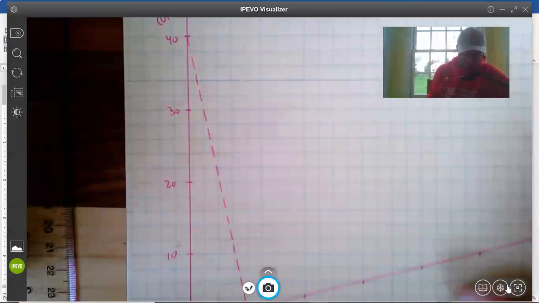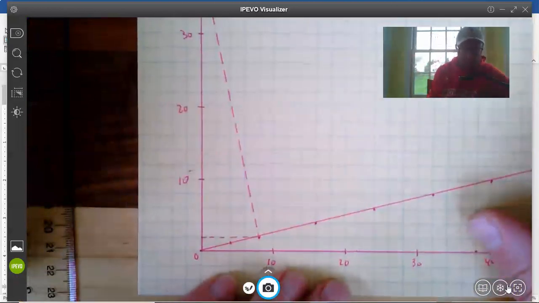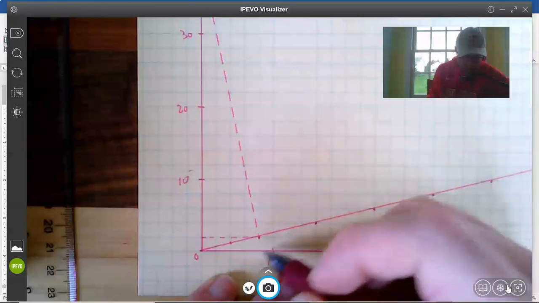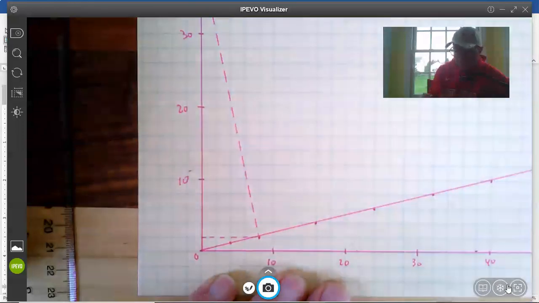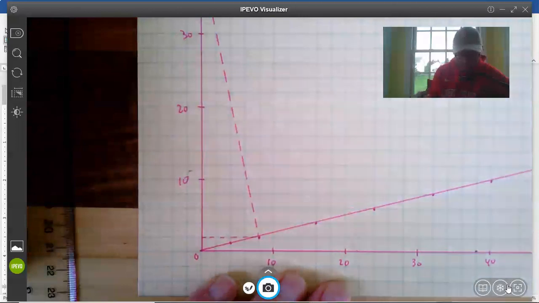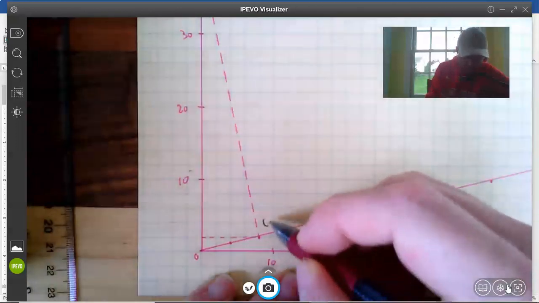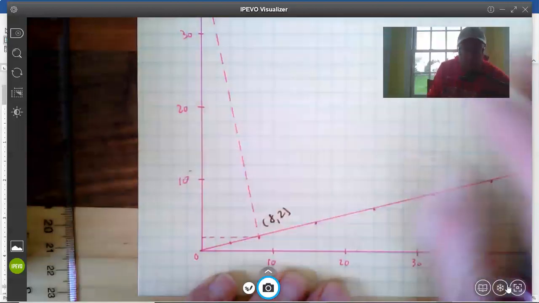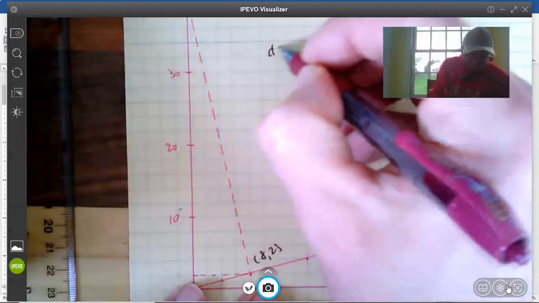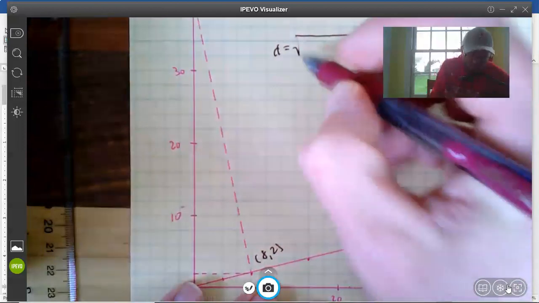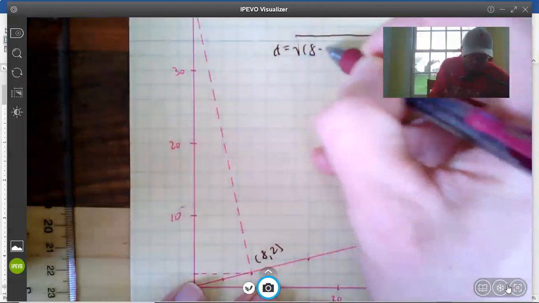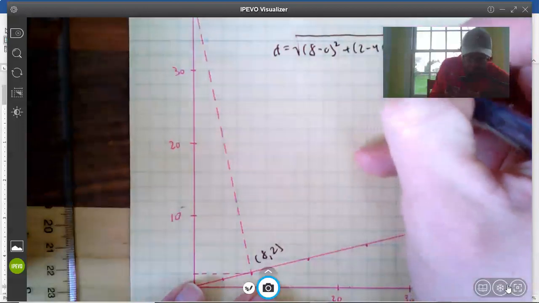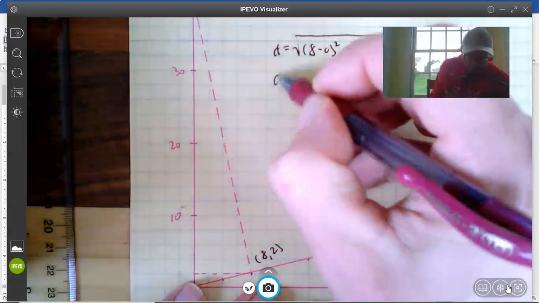All right. After 2 seconds, here we are at 8. Okay, so this is the point 8, 2. So our distance is the square root of 8 minus 0 squared plus 2 minus 40 squared.